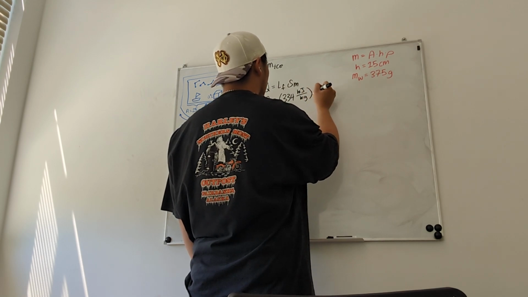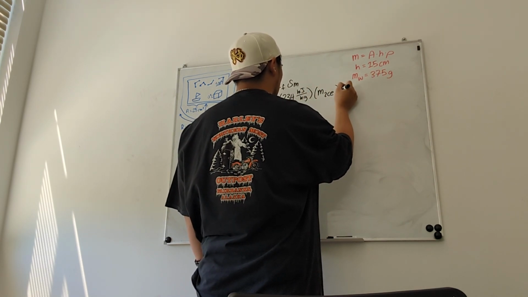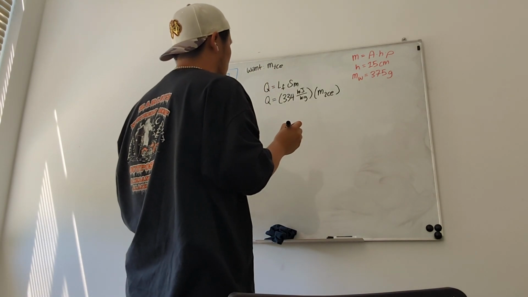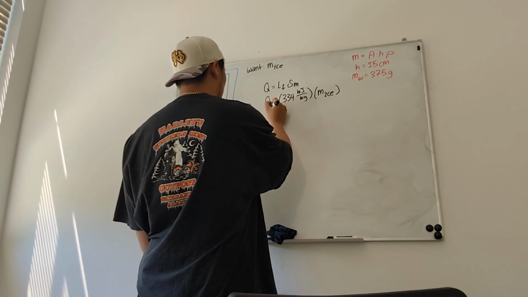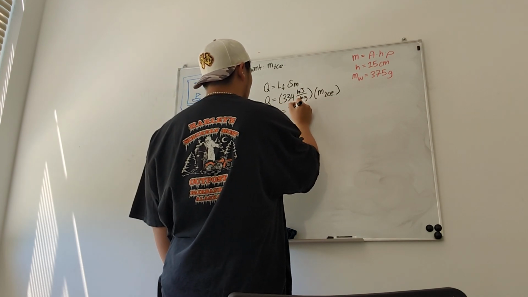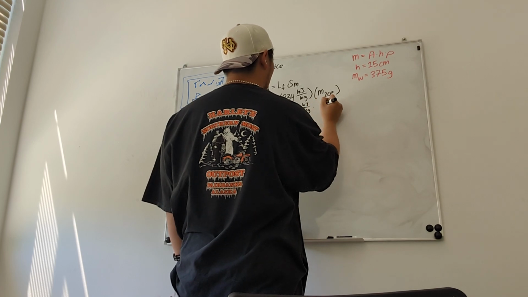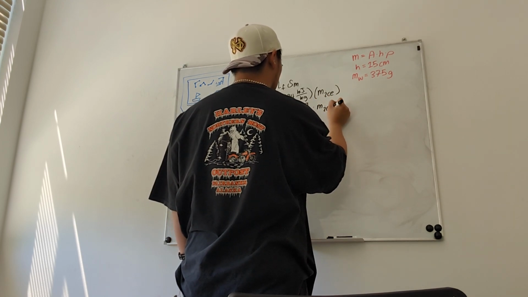And then in place of mass, we're just going to use m ice, because that's what we're looking for. So now we know the energy to go from ice to water: it's 334 kilojoules per kilogram times mass of ice.